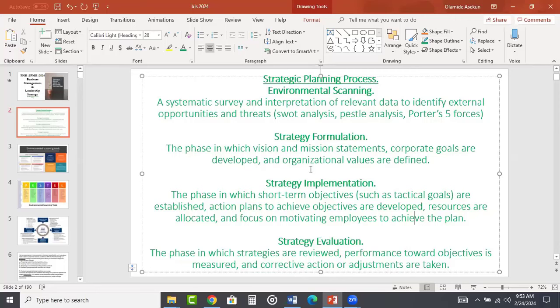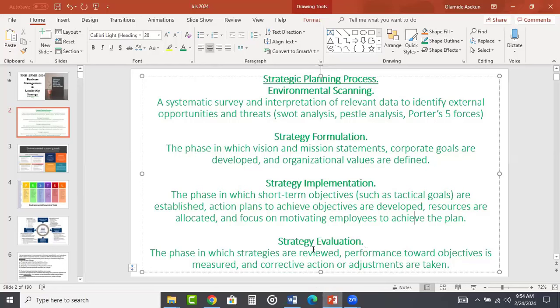It shouldn't happen at the end of implementation. It should be consistent because as the business world is subject to change, it's volatile, it's uncertain, there's constant change happening, then strategy evaluation is even more important in terms of being consistently done over time.